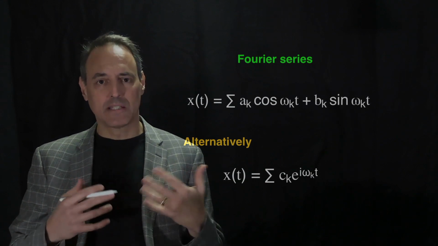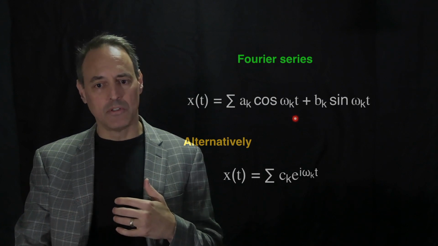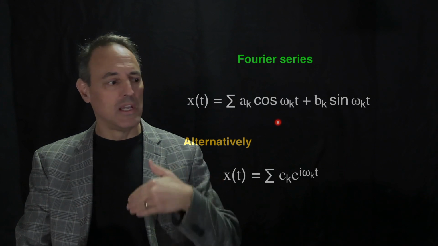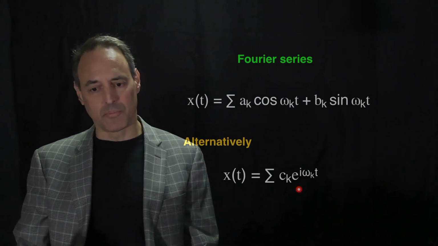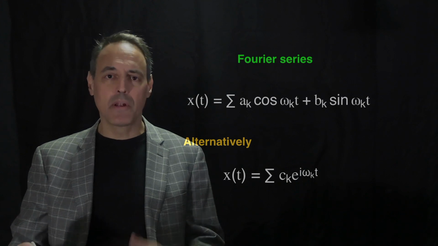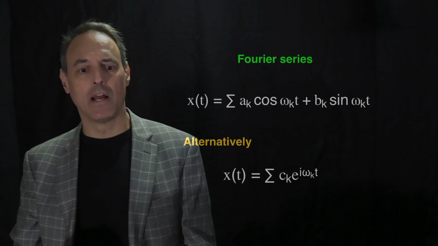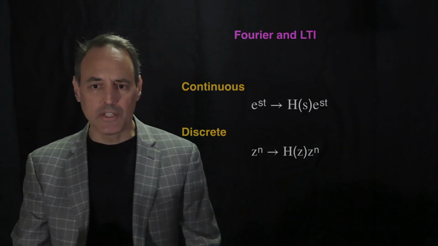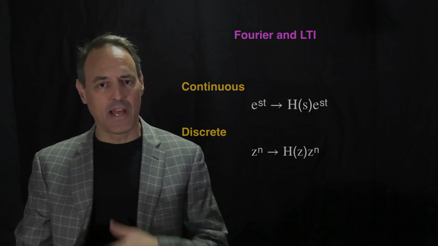And I want to emphasize this idea that this is in fact a coordinate system of infinite dimensions, where these are essentially the basis vectors in this new coordinate system. Or if I do exponential, it's these. So that's the fundamental idea behind doing this Fourier representation and behind a Fourier transform. So let's talk about why we want to use Fourier, because it turns out that it has some very nice properties.